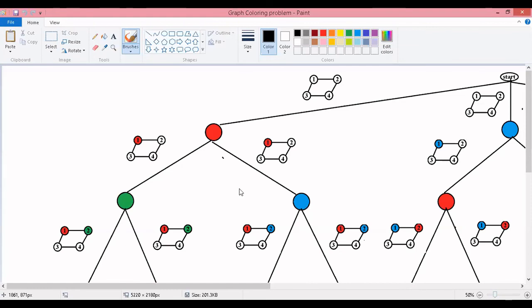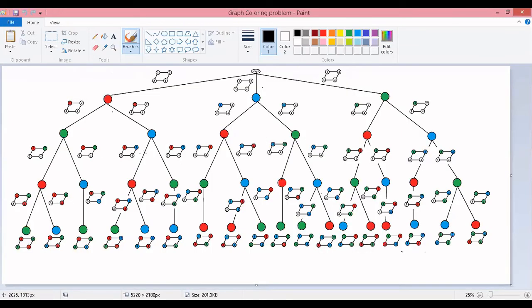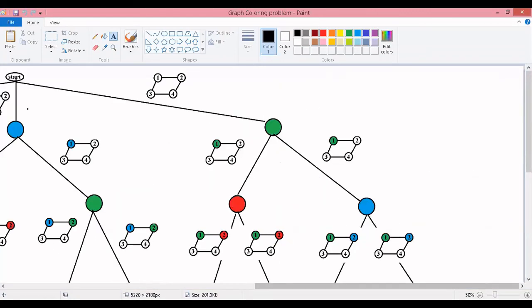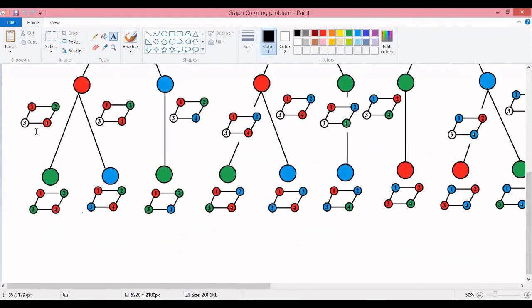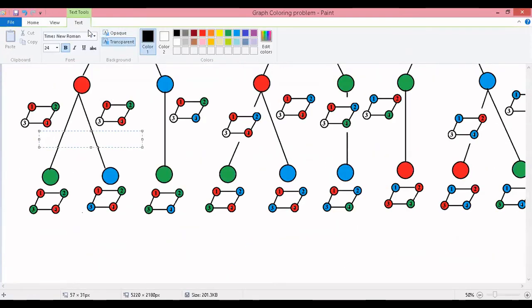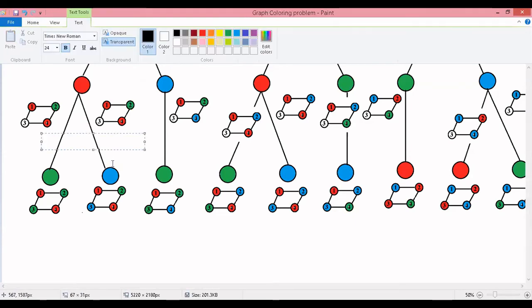Now, if you see this, how can 324 comparisons come here? I will show you. Here, the number of comparisons is 3.